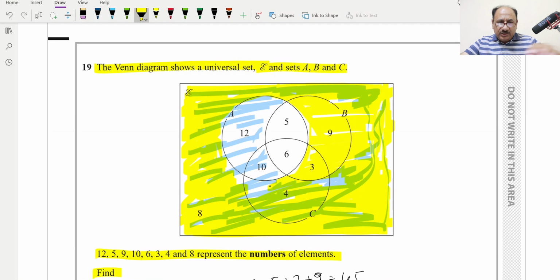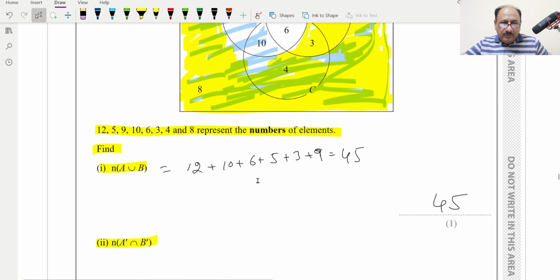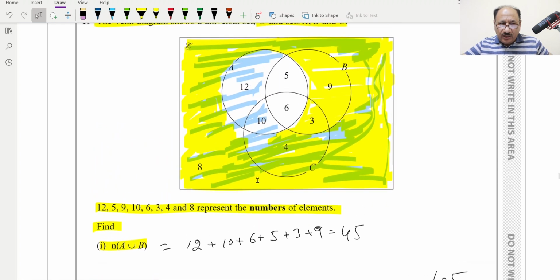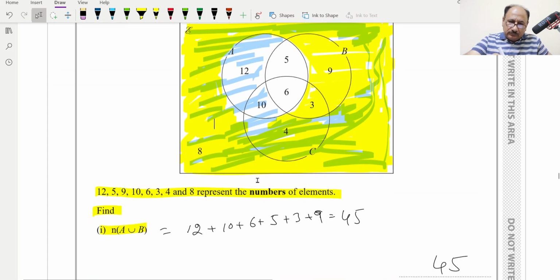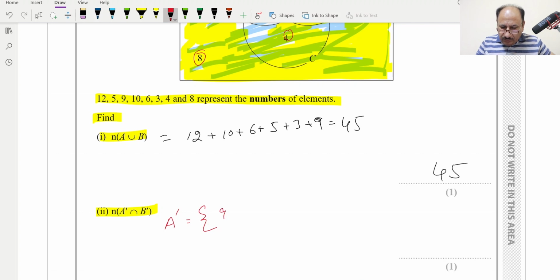Now we have to check what A complement intersection B complement will be. First we'll write A complement. A complement will be outside A, which is 9, then 3, then 4 and 8, these four numbers. So first I will write A complement. A complement will be equal to 9, 3, 4 and 8.